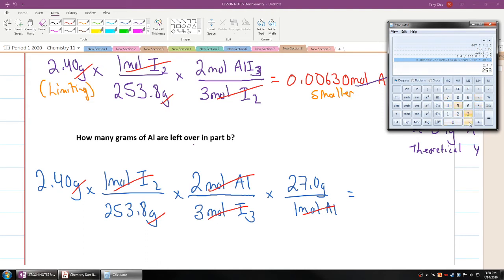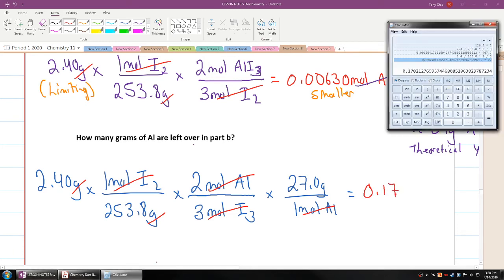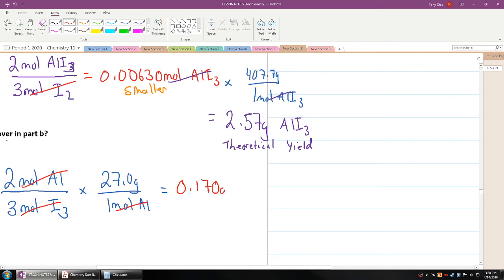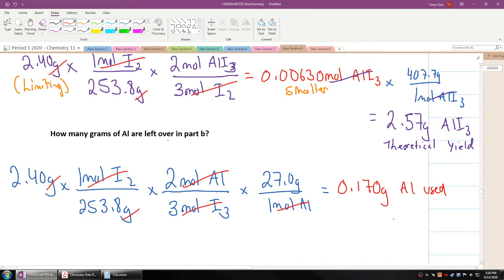So if I punch this all into my calculator, times 2, divided by 3, times 27, we're going to find 0.1700 grams of aluminum used. This is how much aluminum we used up.